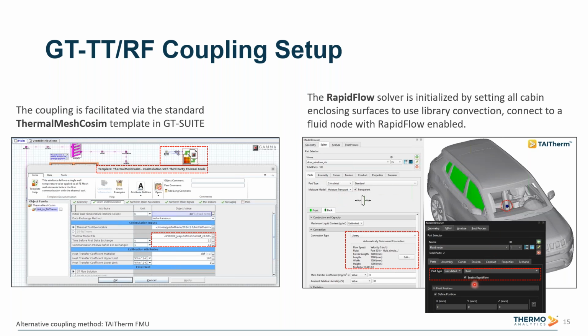We select the checkbox to enable rapid flow for this fluid node. By the way, this is a new feature in 2025.1 if you haven't seen it yet. And then we link all of the bounding surfaces of the flow solution via library convection to that fluid node. Having done all that, TAITherm will know this means we have rapid flow convection for the cabin interior. It'll mesh the cabin and it will run automatically along with the thermal solve.